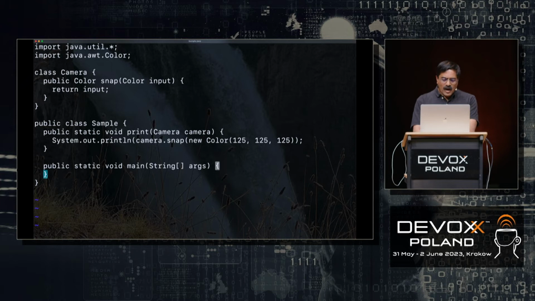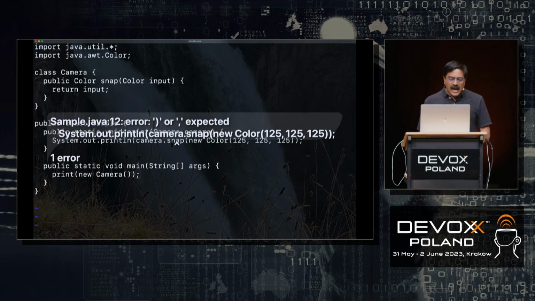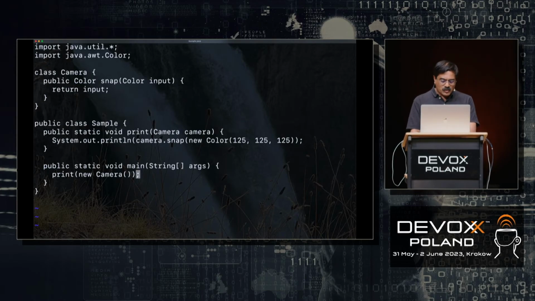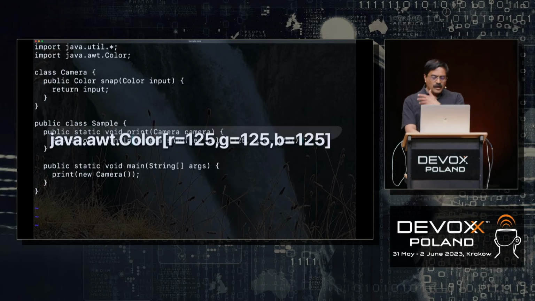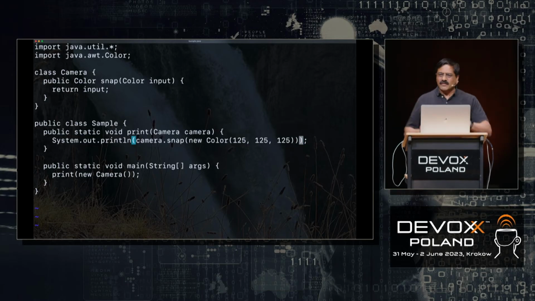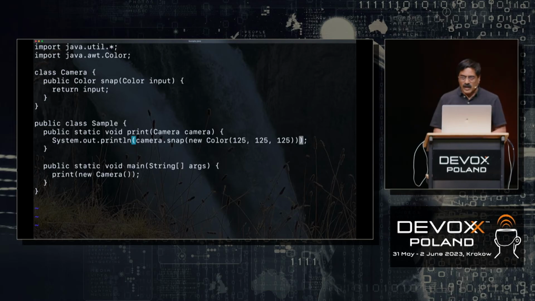Let's give it a try right here. We can call the print function with a new Camera, and pass it in. As you would expect when you call this with a camera, this camera is going to take the input and return the output. So the color is 125. That's a very simple first step in the code.